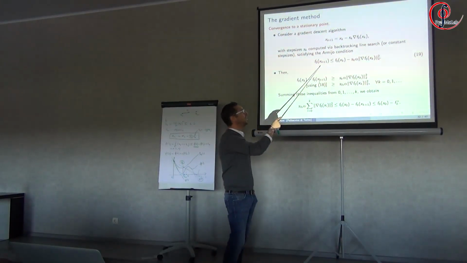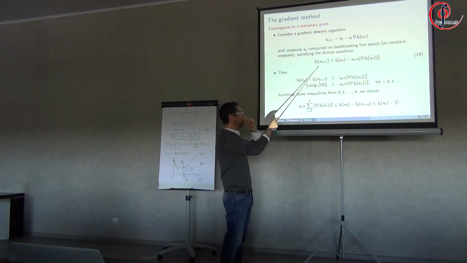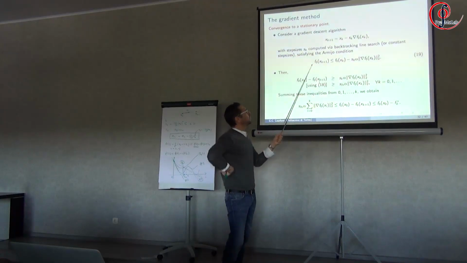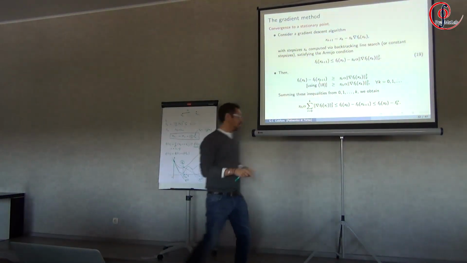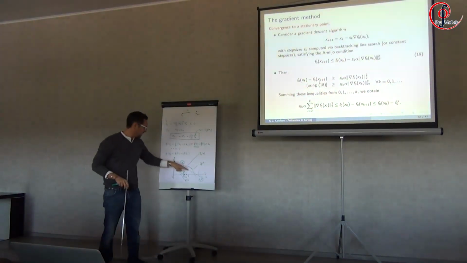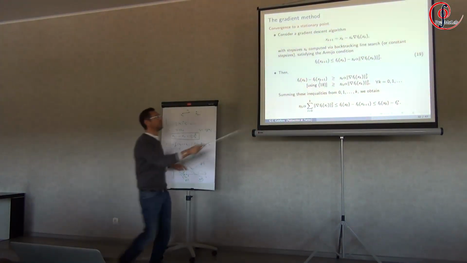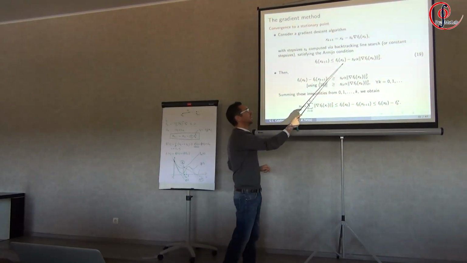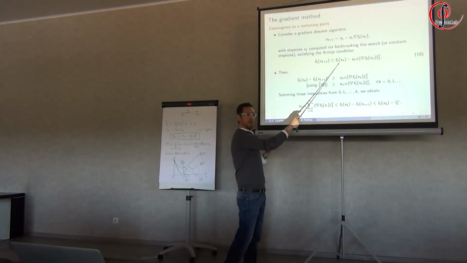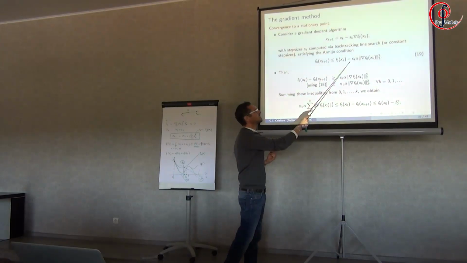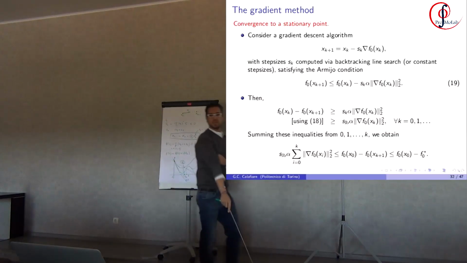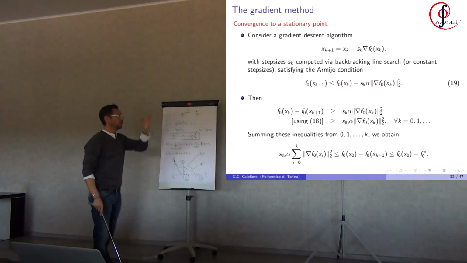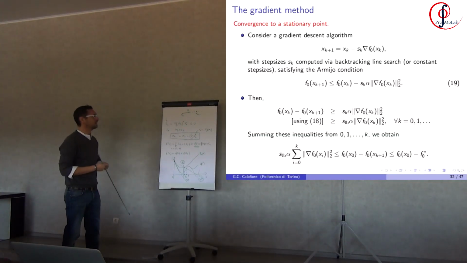This is the main point. So if we are using the Armijo backtracking technique, what we know is that the value of the function at the new point will be less than or equal to the value at the initial point minus Sk alpha times the norm of the gradient squared.